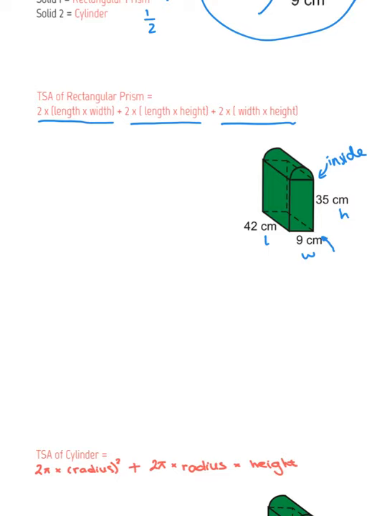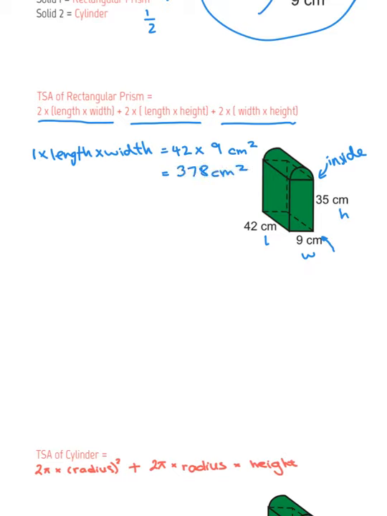So let's get started. In my case, I have 1 times length times width. Let's find what that is first of all. So that is 42 times 9, and it's centimetres squared. So I end up with 378 centimetres squared.